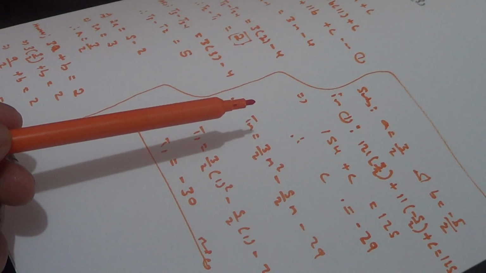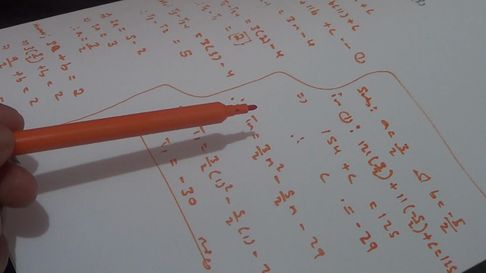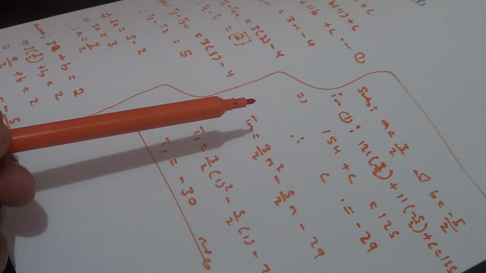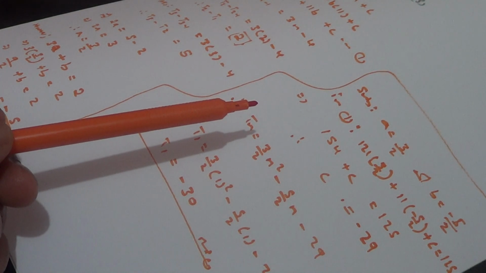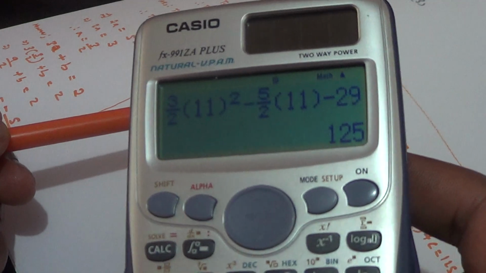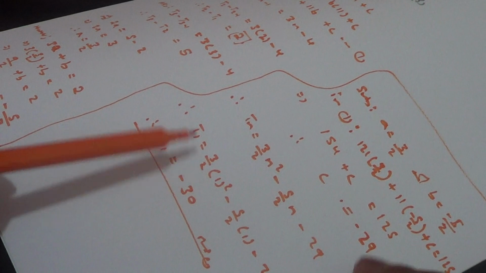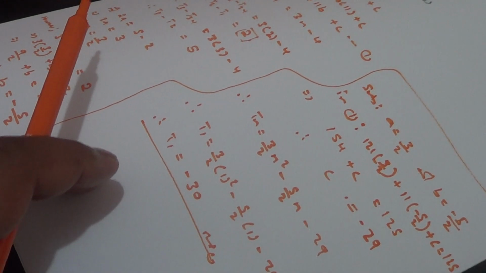So 3 over 2 into 11 squared minus 5 over 2 into 11 minus 29. Indeed, it's 125. So our formula was correct, so our answer should be correct as well.